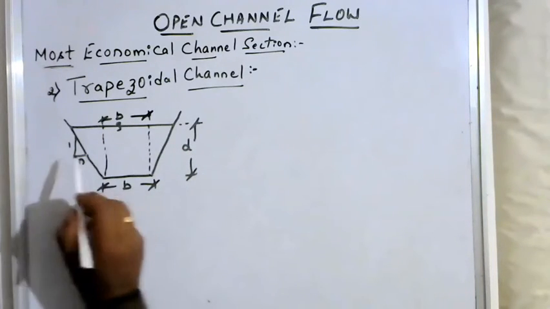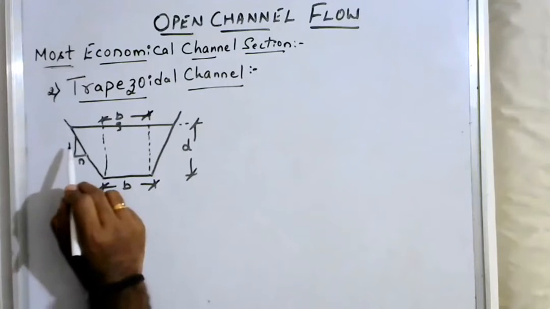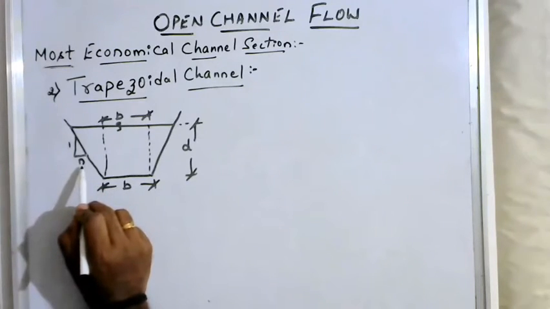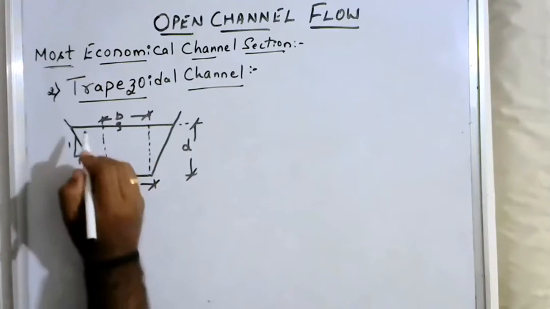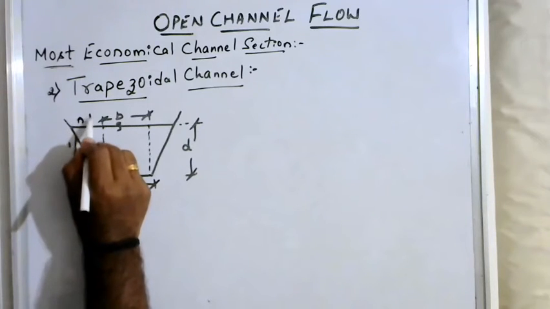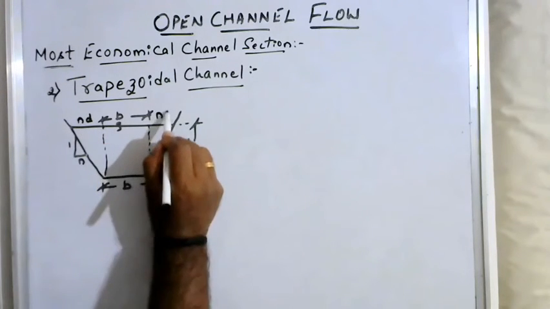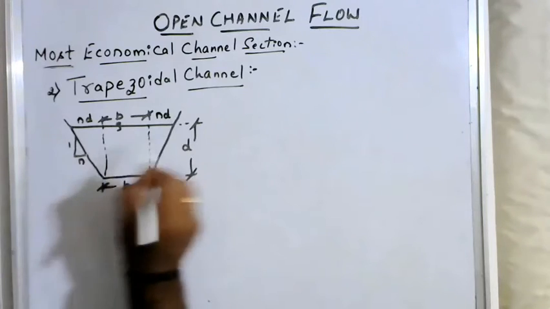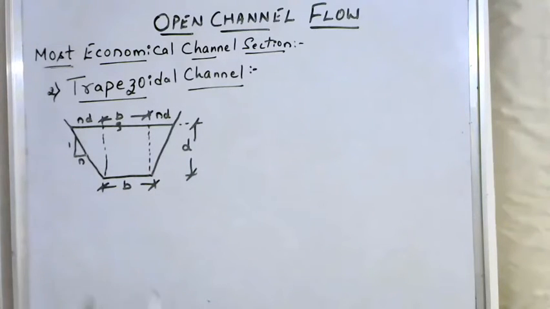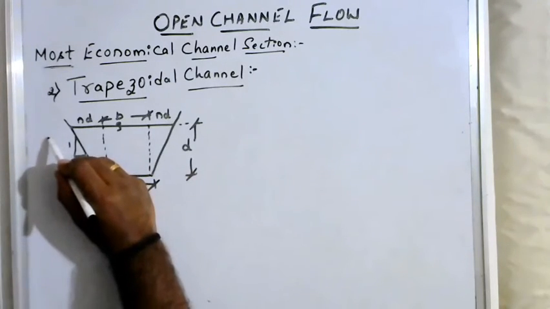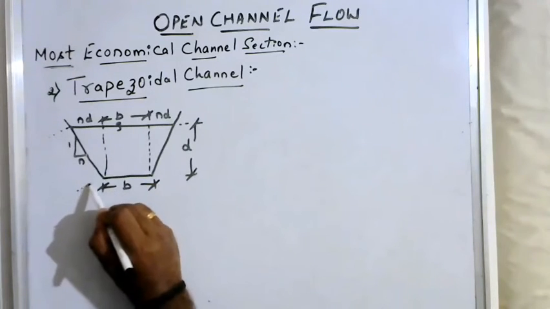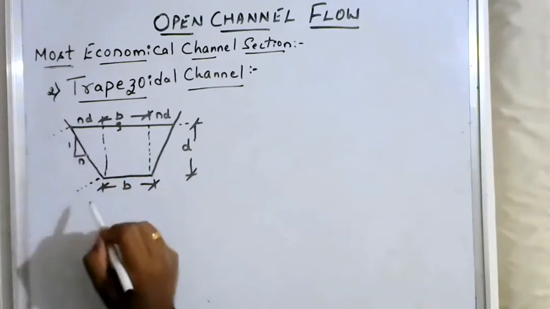So 1 in n means for one vertical, n is the horizontal. For the d vertical, what is the horizontal? This becomes n into d, and also this becomes n into d, because these two are identical triangles. Now let me write what this sloping side is. How to find this sloping side? Use Pythagoras theorem.